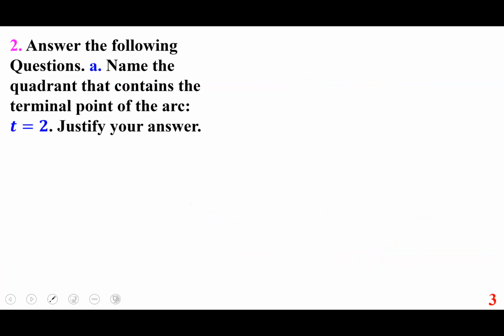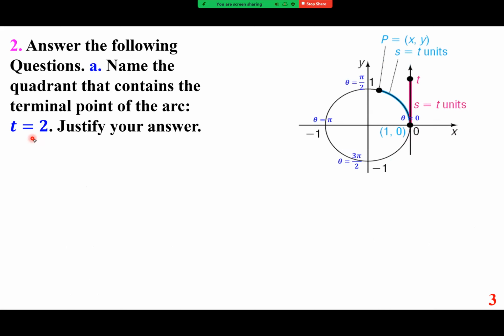I'm going to answer the following. Name the quadrant that contains the terminal point of this arc, t equals 2. Well, let's again refresh everyone's memory. This is a unit circle. First quadrant, second quadrant, third quadrant, fourth quadrant. 0 to pi over 2, where pi over 2 is the same as 90 degrees, is the first quadrant.